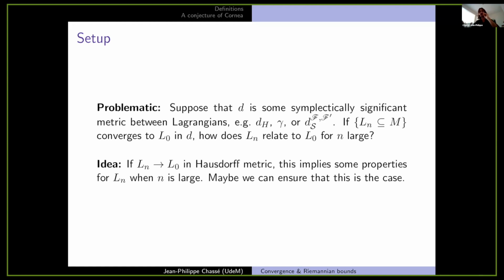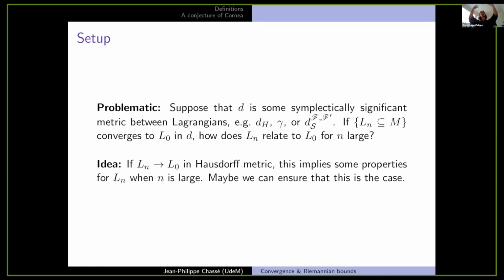So the idea to find out about that would be, if for some reason the sequence happens to converge in Hausdorff metric, so in this set-theoretic sense, then I know that the Hausdorff metric is simple, it's nice, and it preserves a lot of topological properties.